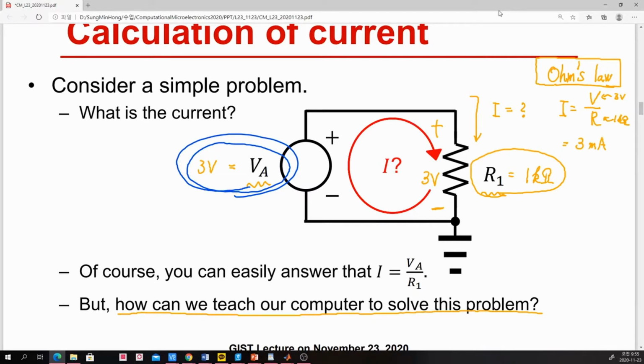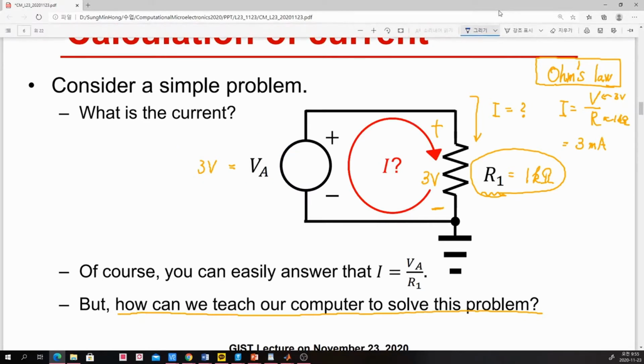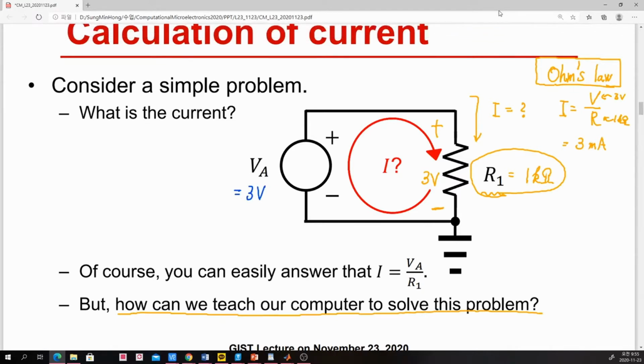But if you are on a computer and you say that this is 3 volt, yes, it can understand this is 3 volt, but it does not necessarily mean that R1 should also be biased with 3 volt. How can it recognize?